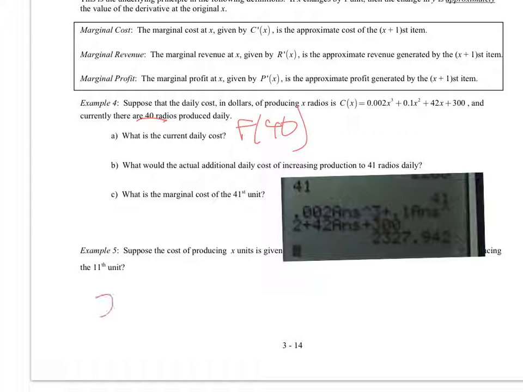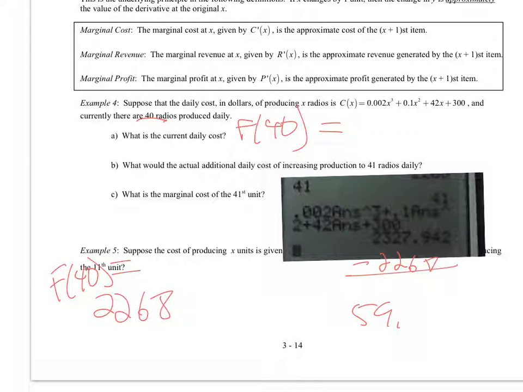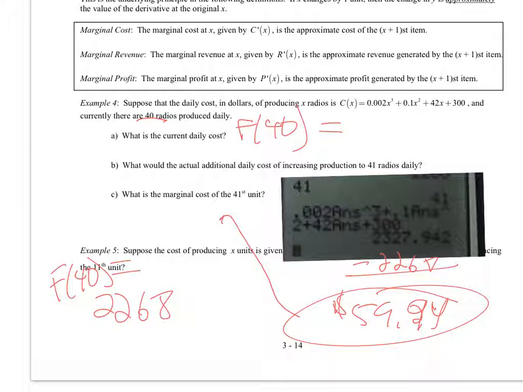Oh, the first one is 22.68. So that's what f of 40 was. So f of 41, right here, minus 22.68, gave me 59.94 if I round, because it's money. So that's the cost of producing that one more unit.